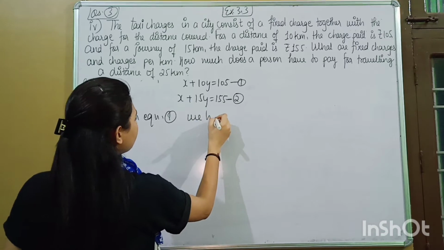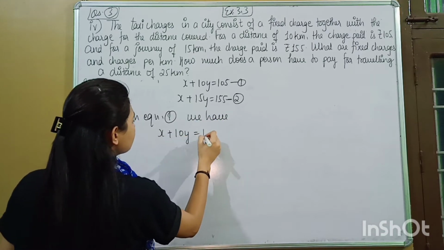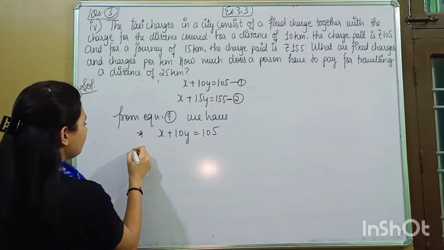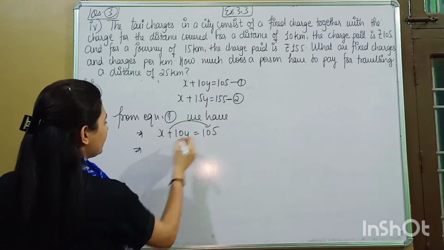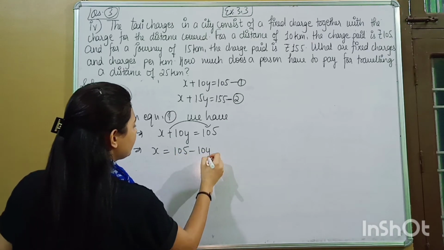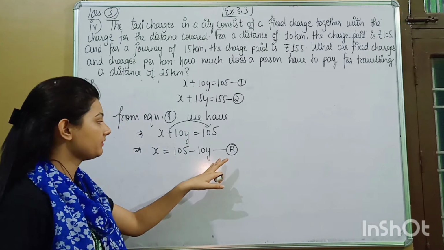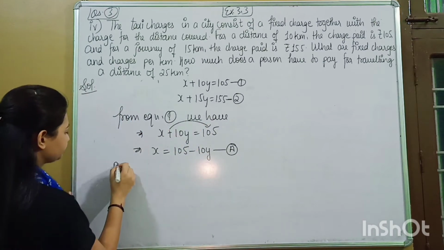From equation 1 we have x plus 10y equals 105. Now we will take this plus 10y to the RHS, so it will become minus 10y, that is x equals 105 minus 10y, and it will be named equation A.